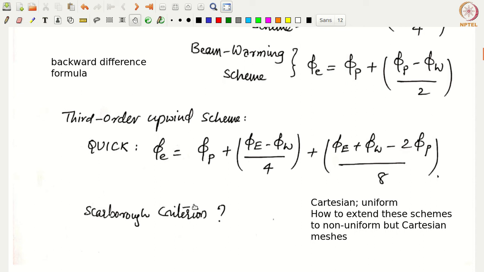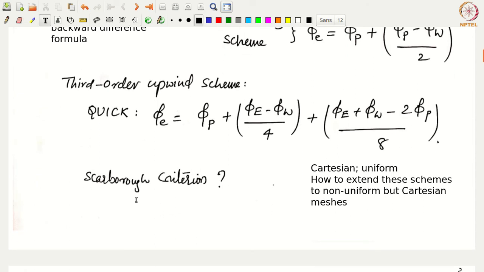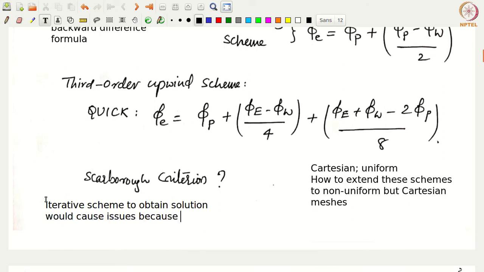As a result, if we use an iterative scheme to solve for the solution, we would run into trouble, because the Scarborough criteria is not satisfied.